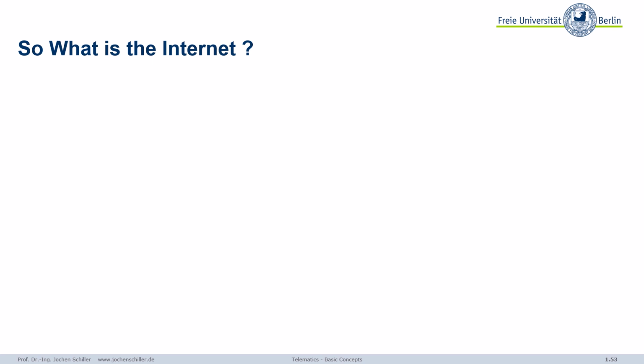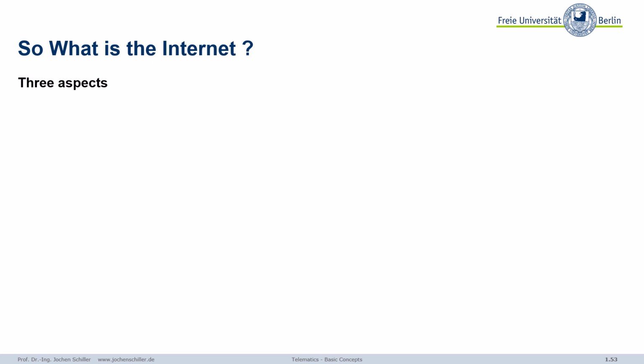Okay, so coming back. So what is the internet? Now we've seen some aspects, but what do you think is the answer for what is the internet? There are many aspects. Okay, there is the service. As I just mentioned, it's a bit delivery service.